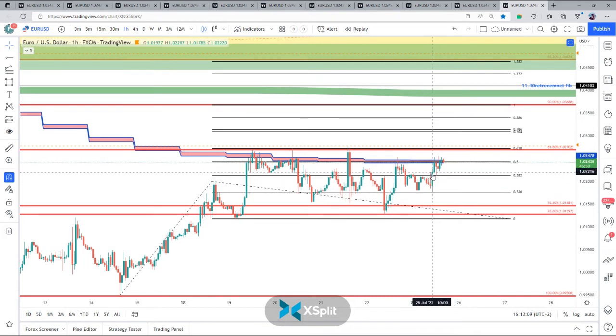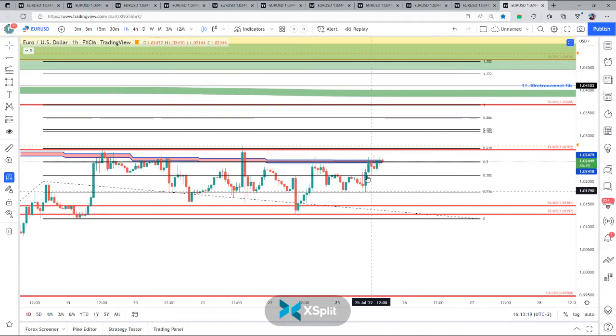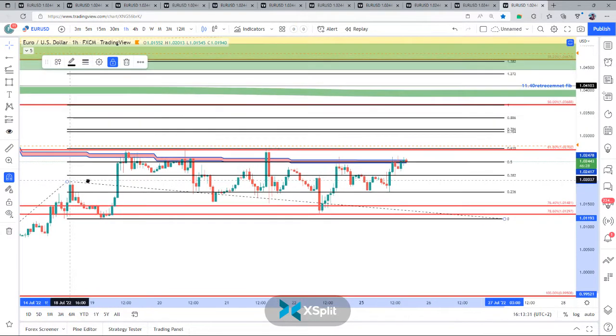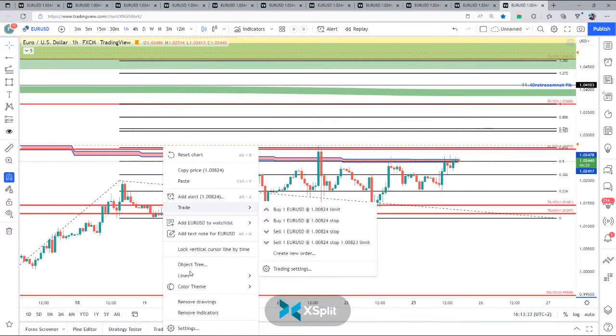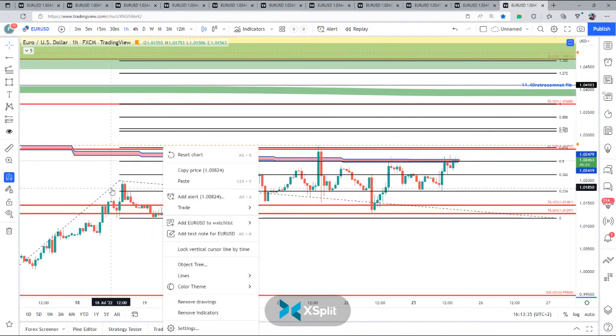You saw this move this early morning, we had this weird move. We went down and then up again when we had some bad German IFO data. And you see where we stopped, right at the 236. That's why I went long, and I'm sure I posted it in the tweet. So all that is giving us some important information. Let me move that thing like that to be perfect.